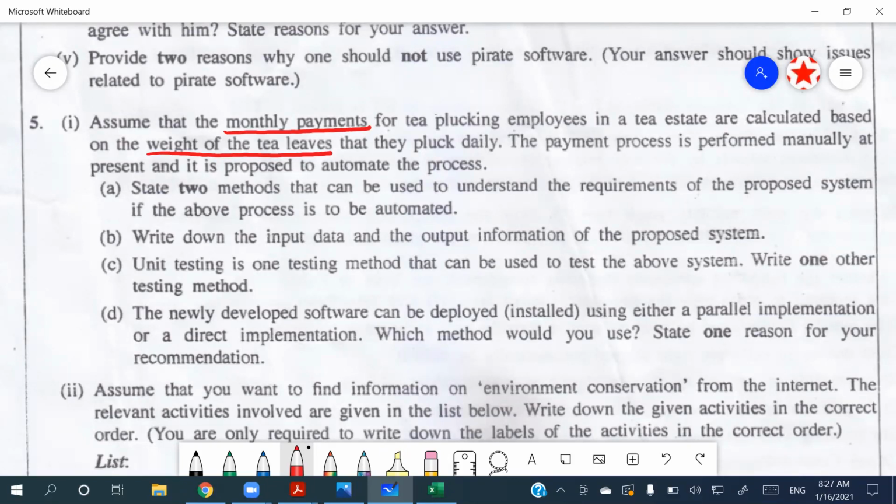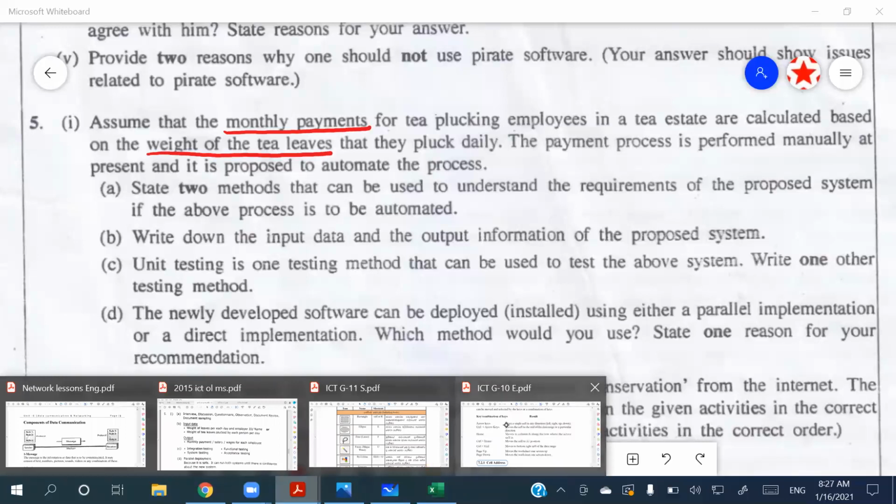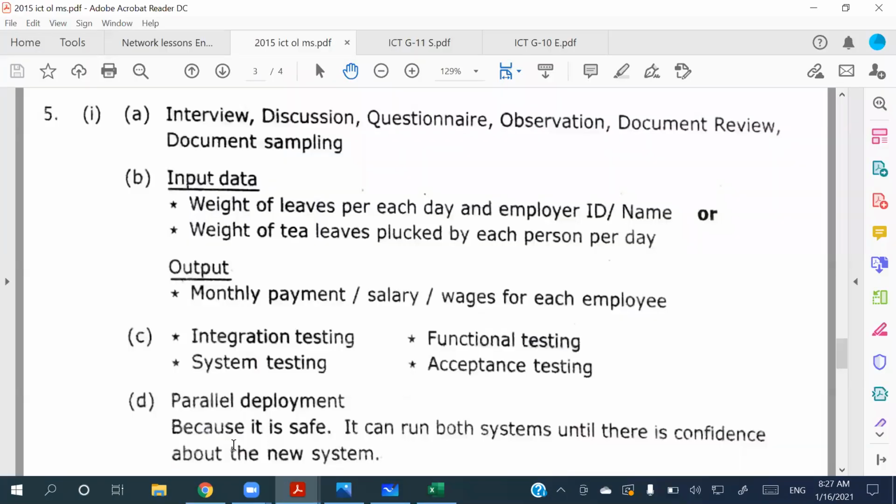Then the output will be the monthly payment. Let's see how the marking scheme shows. Weight of leaves per each day and employee ID, name. Yeah, okay. Or weight of tea leaves plucked by each person per day. All right, it should be in that manner.